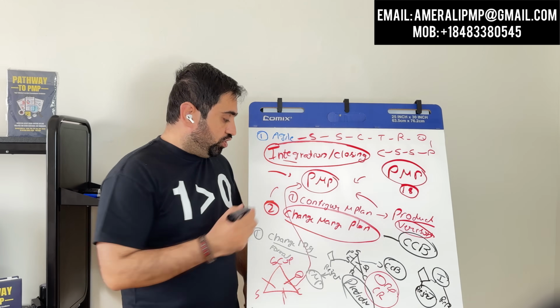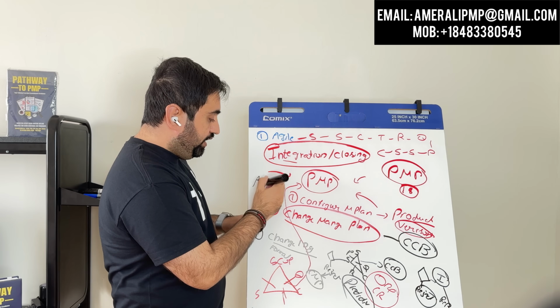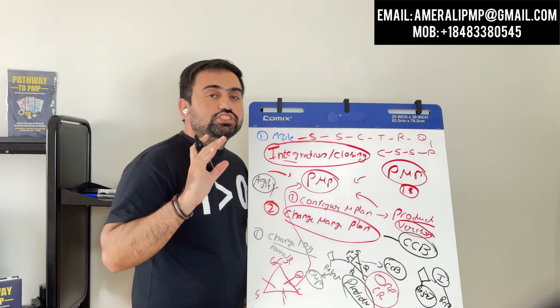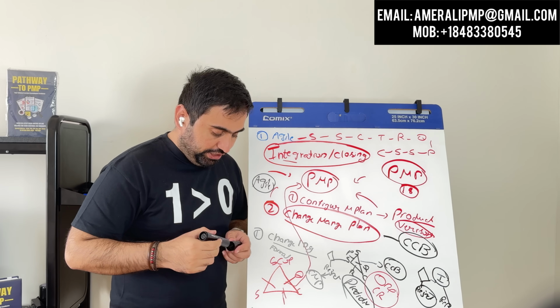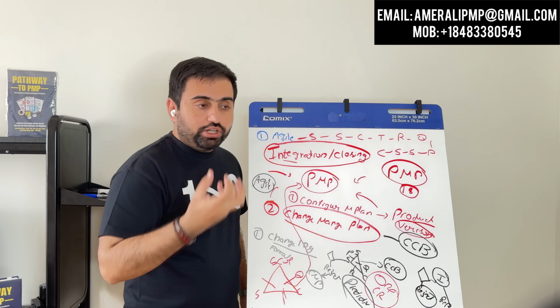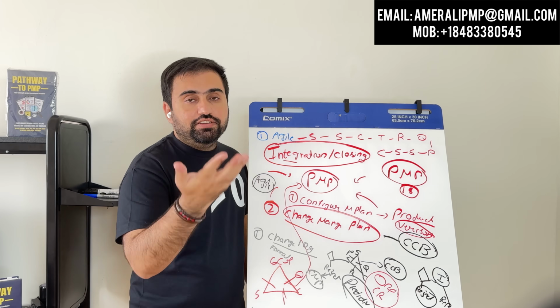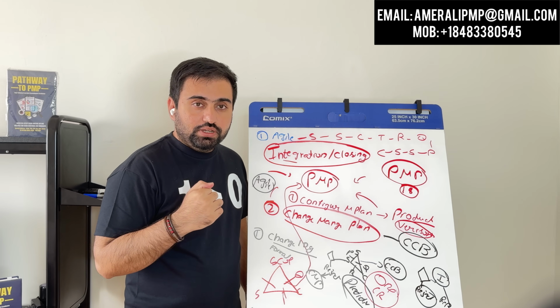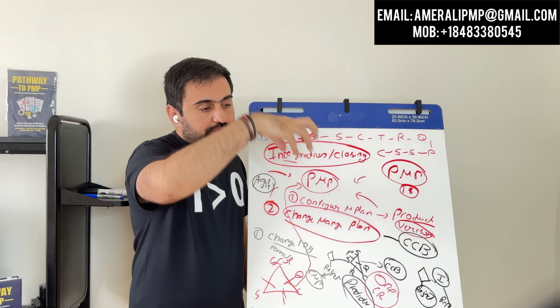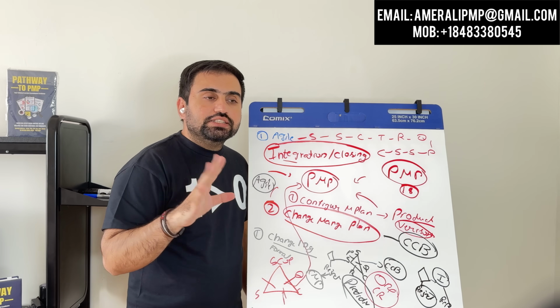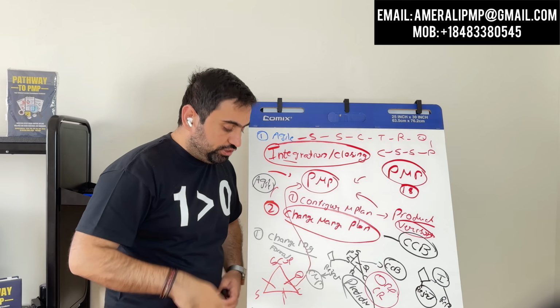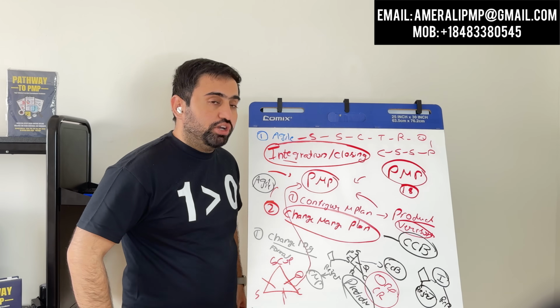If the question is about agile, all the changes in agile will directly come to the product owner. He will look at the changes and he will handle those changes. He will take all the changes and put them in the product backlog. He does not reject a change. All changes come to the product owner, and he puts them in the product backlog.